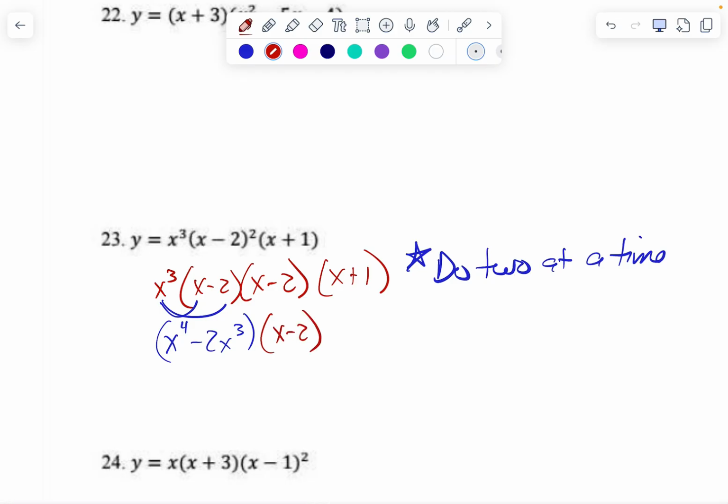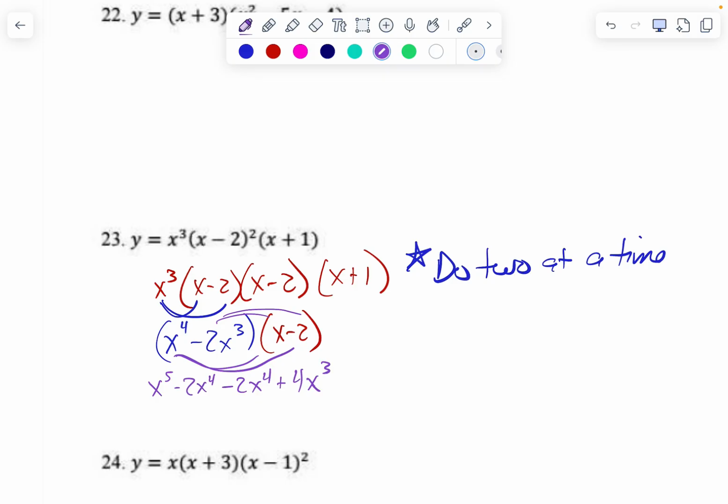And then do those 2 as the next group. What's x to the 4th times x? So this will be x to the 5th, minus 2x to the 4th, and then we got to do the other term, minus 2x to the 4th plus 4x cubed.